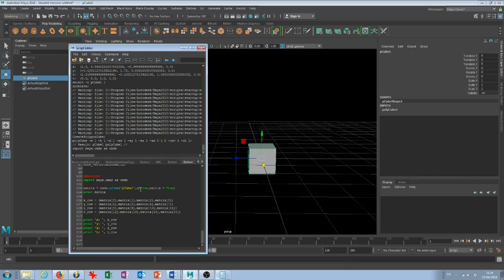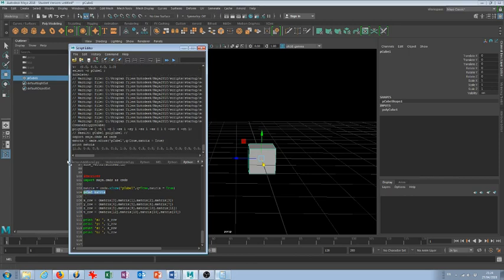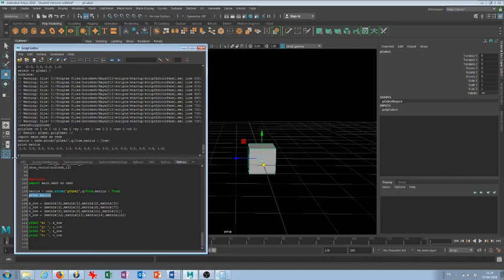With this command we define this matrix, that is the transformation matrix of this cube. If I print it in the script editor, what we get is a matrix, but it's all in just one row, so it's very hard to read.